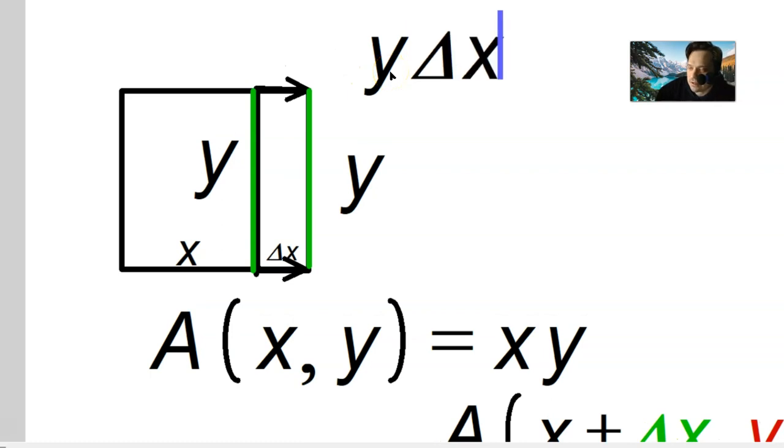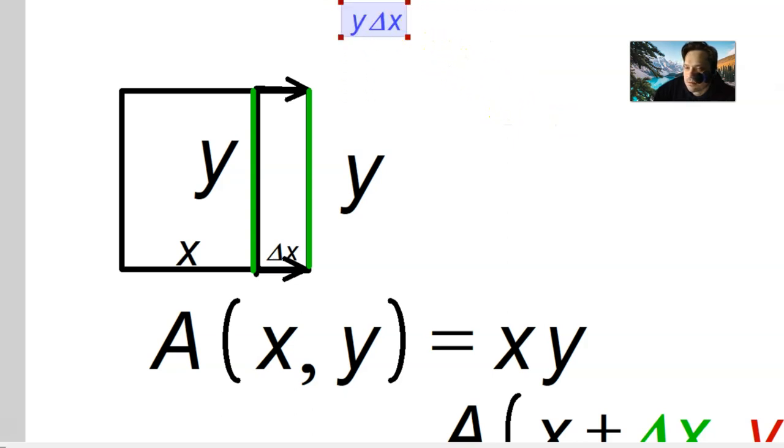Now as delta x goes to 0, then eventually the delta x parts cancel. So you have delta x over delta x, which is like 1 basically. And you just end up with y, which is like the height of this thing in the first place.